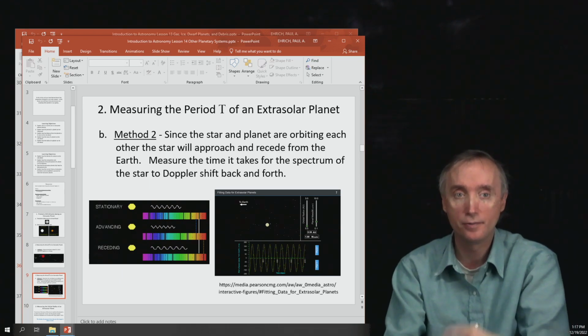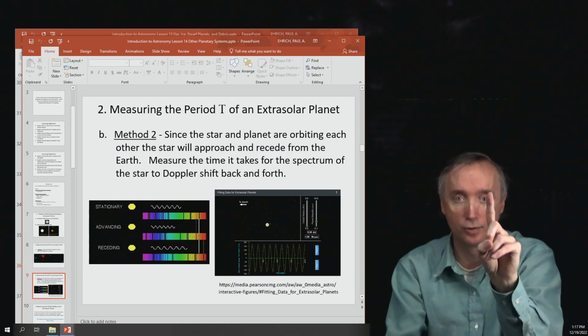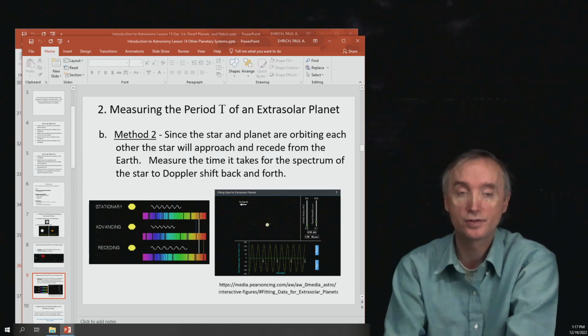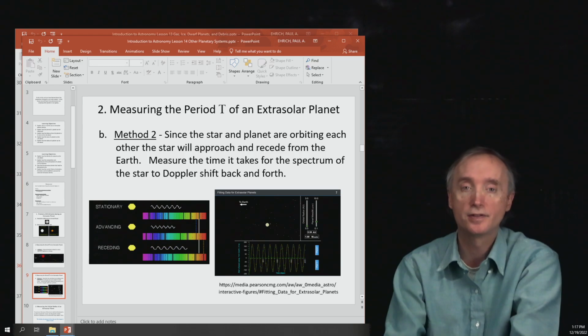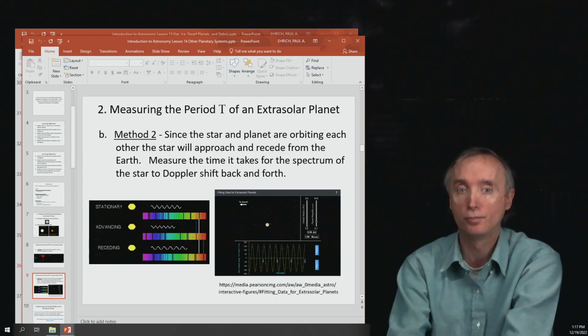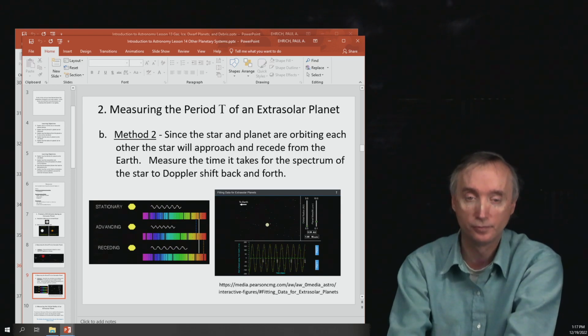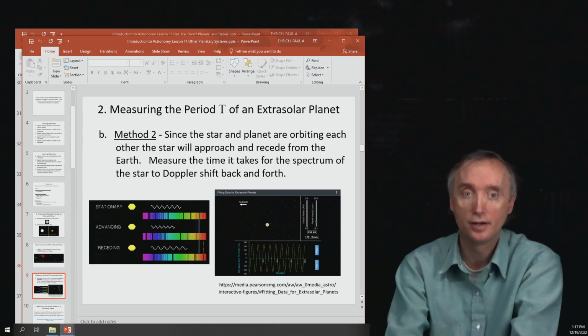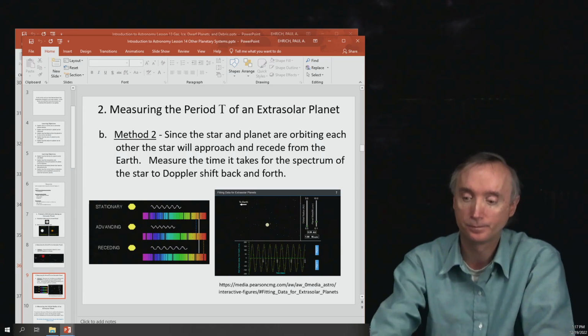So that star is going to wobble just a little bit, and as it wobbles, some of the light sometimes will be coming towards Earth and sometimes away from the Earth, and it's going to make that Doppler effect. And if you graph it, you can find the period of the wobble, and that is the same period as the planet going around that particular star.